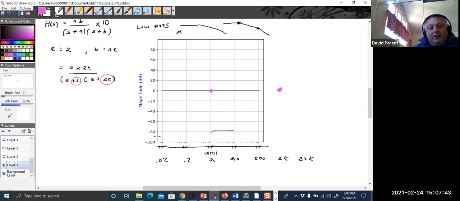Now, because this is logarithmic, if s equals j omega, I can't set omega equal to 0, but I can make it small. The way I do that is I look at the smallest pole of 2 and say, what if omega was a lot less than 2? What would that look like? Well, let's do it out.